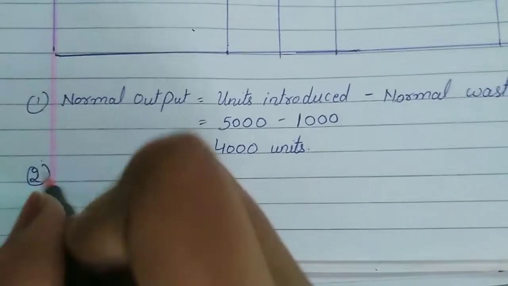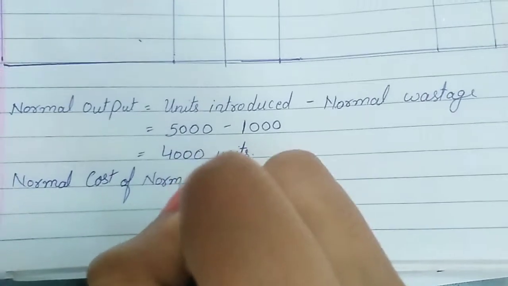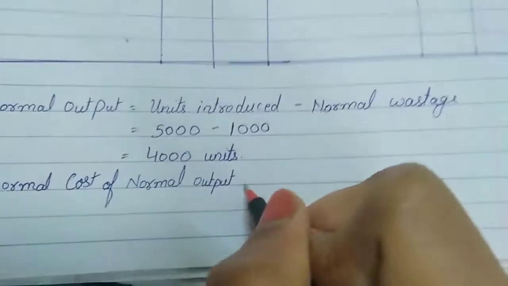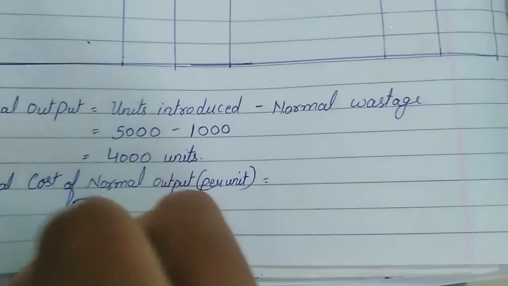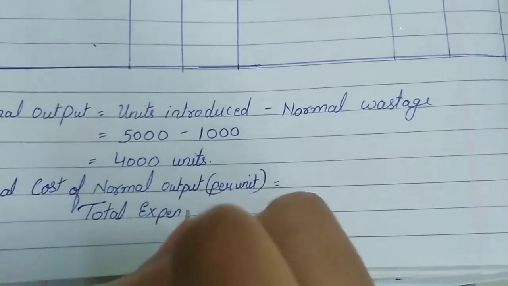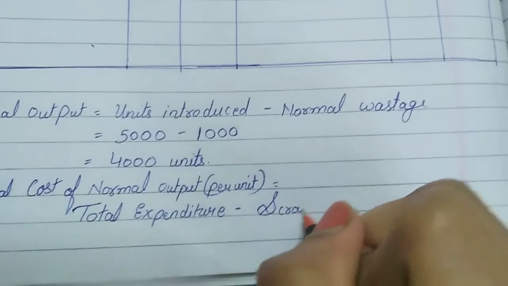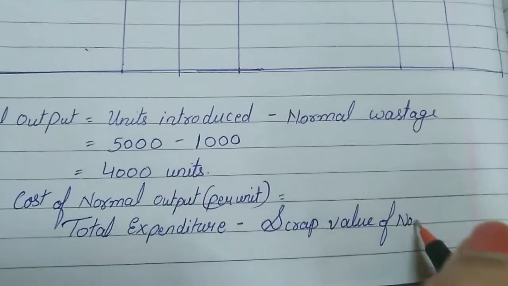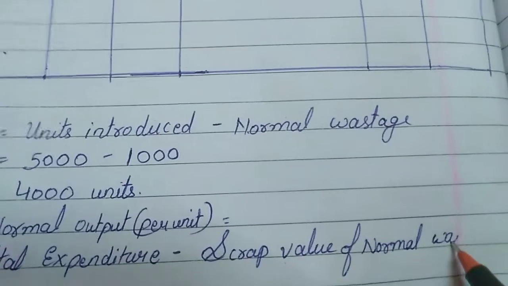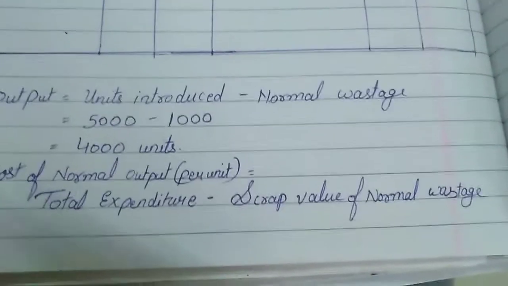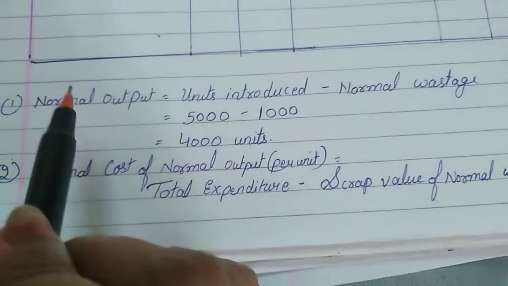Second, normal cost of normal output per unit equals to total expenses minus scrap value of normal wastage, divide by normal output, which we have calculated in the first step.